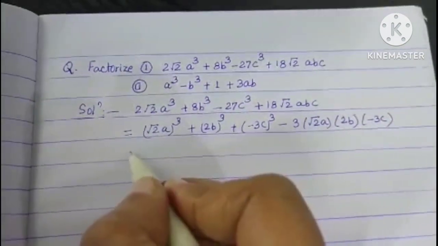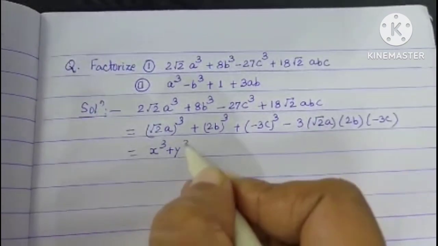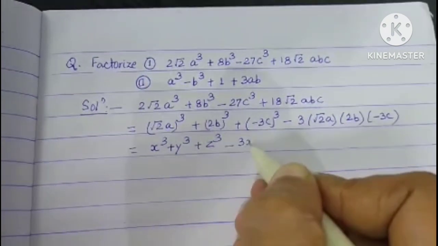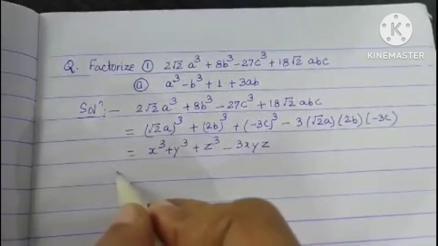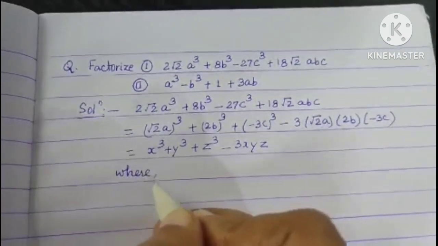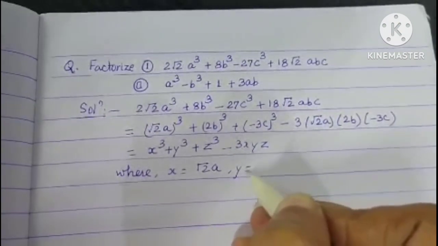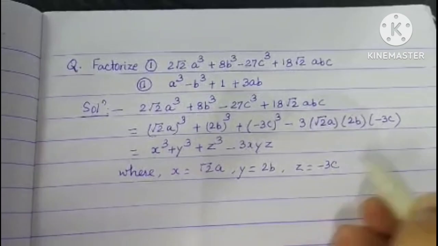Now you can see this is in the form of x cube plus y cube plus z cube minus 3xyz, where x is equal to root 2a, y is equal to 2b, z equal to minus 3c.